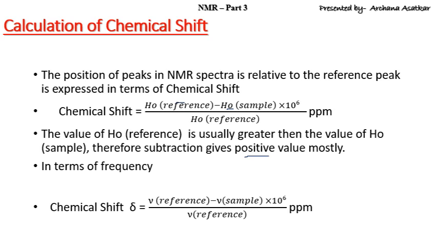However, when we want to calculate the chemical shift in terms of frequency, the value of delta will be nu reference minus nu sample, divided by nu reference. Here nu reference is in megahertz, and nu sample is also in megahertz, while the difference between the two gives a value in hertz only.